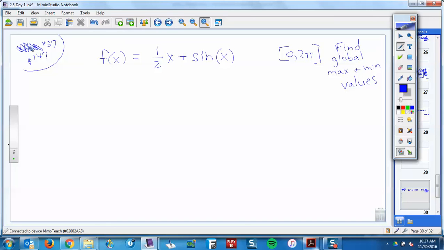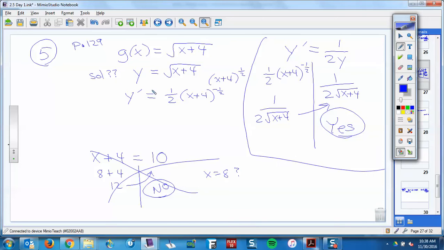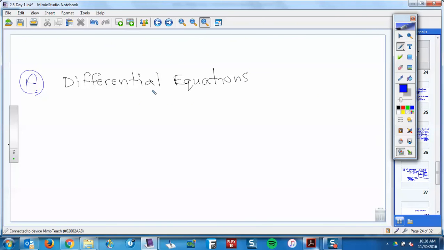But where do we start with a problem like this then? Start with the derivative, set it equal to 0, right? So here we go. So the derivative is... 1/2. No. So, okay. Glad you asked that. So when we go back to the 4 things I said would be on the quiz, differential equations is kind of this one that's off by itself.